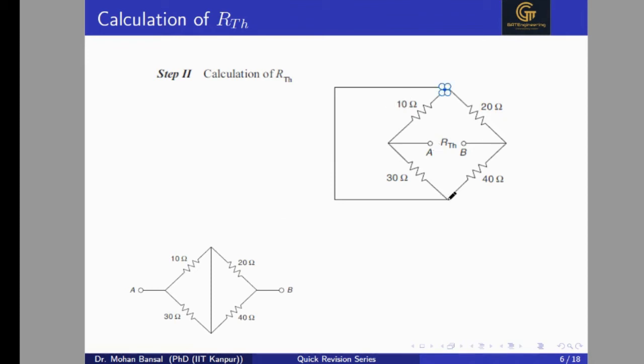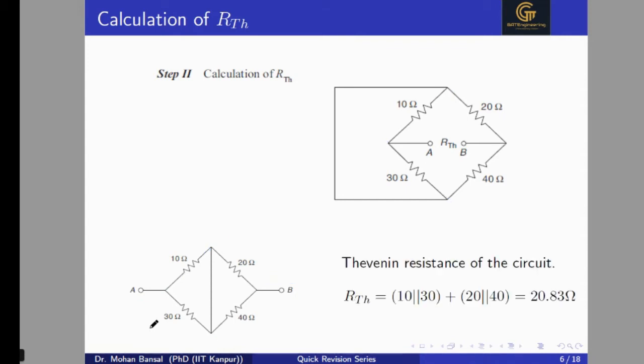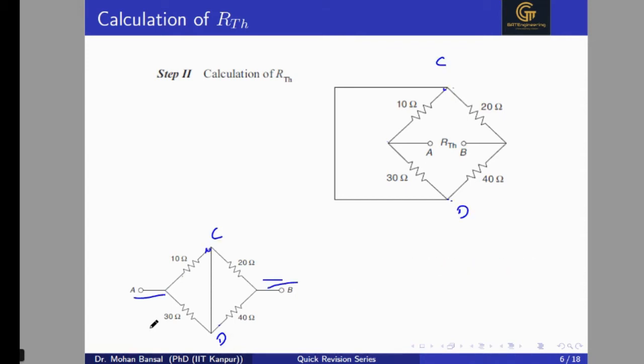Here you can understand the things. These two points are shorted, and these two points are shorted, and this point is A, this point is A, this point is B. Consider this is C and this is D. Both are shorted, so it is short circuited like this. We can further simplify it and draw like this.